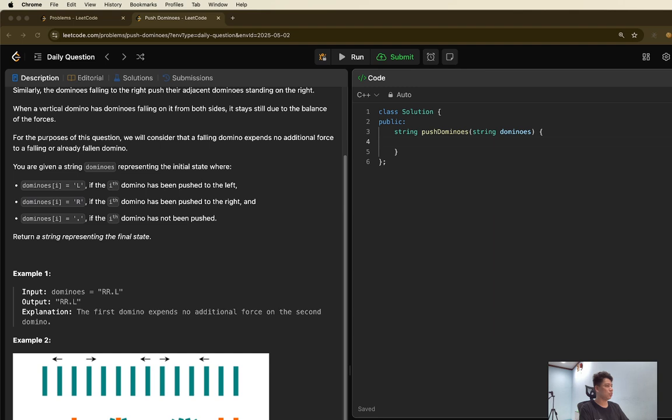So it will be left and left, because as you know, physically it's pushed to the left.